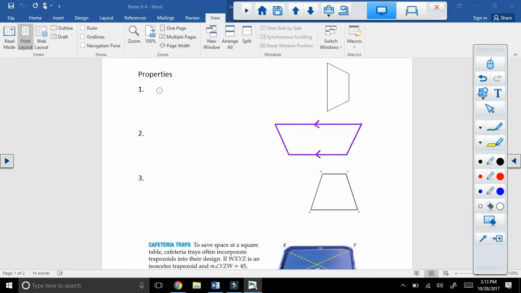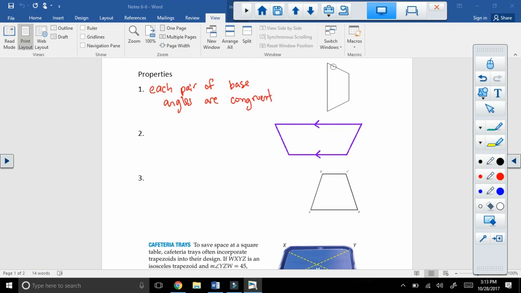So just keep in mind, all of these properties are properties of an isosceles trapezoid. The first one is that each pair of base angles are congruent.